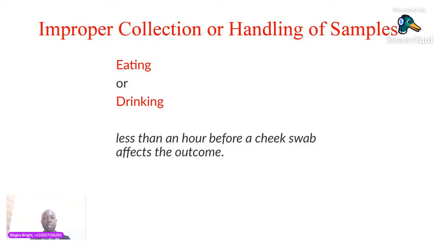Now, if the person has eaten or taken a drink in very few minutes, and then you decide to pick the saliva, you are likely to have your results invalid. So in picking the samples for DNA paternity testing, you make sure that the person hasn't eaten in the last 1 hour or has not taken any drink in the last 1 hour.